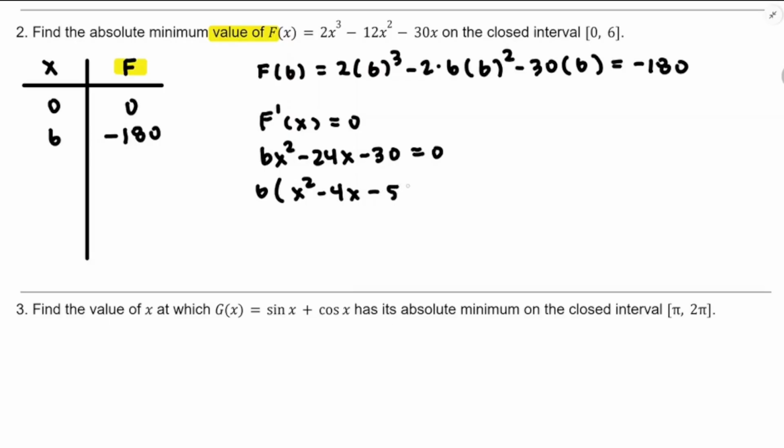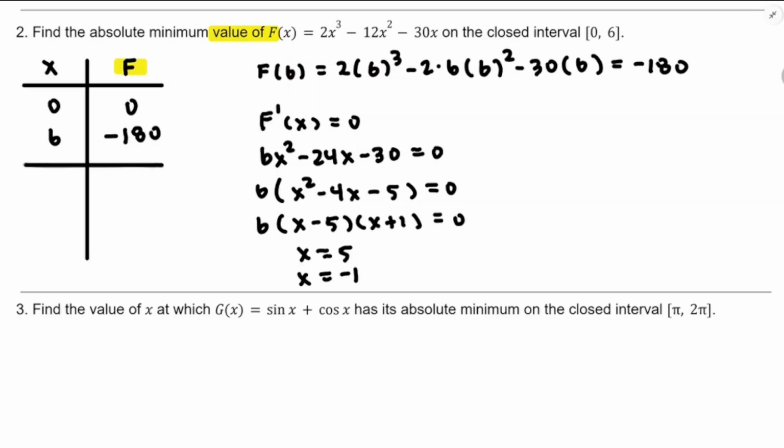Okay, yes, I think, multiplying to negative 5, adding to negative 4. So that would be x equals 5 and x equals negative 1. And negative 1 is not in the interval 0 to 6, so the only other critical point I need to check is 5.